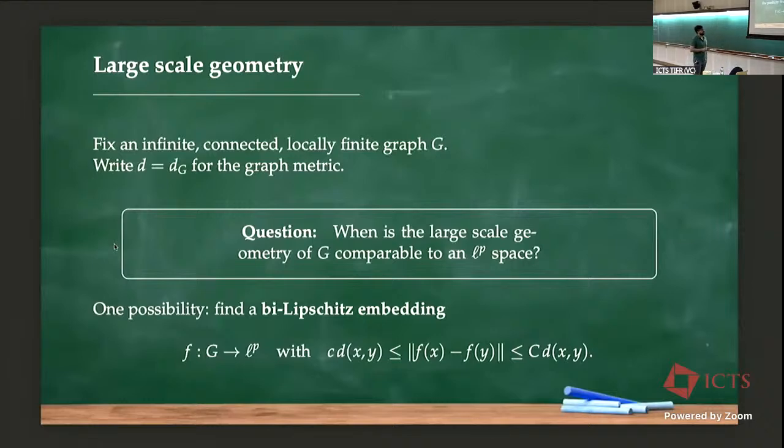And such an embedding should satisfy that it's a Lipschitz function with this constant capital C, but it also has to be bi-Lipschitz, meaning that I should be able to push this graph linearly inside the LP space. I don't really need to compress this. Sometimes it's too much to ask for, as we'll see.